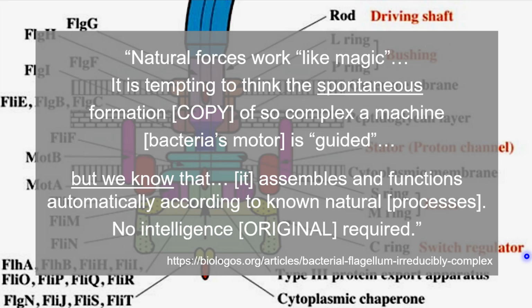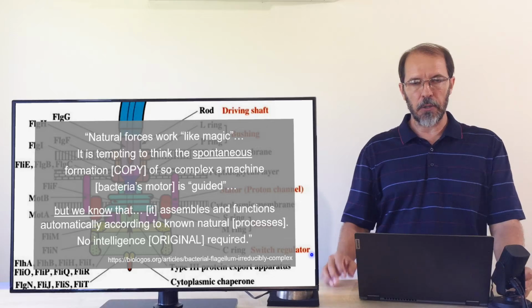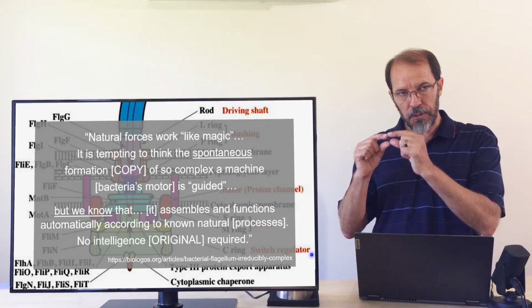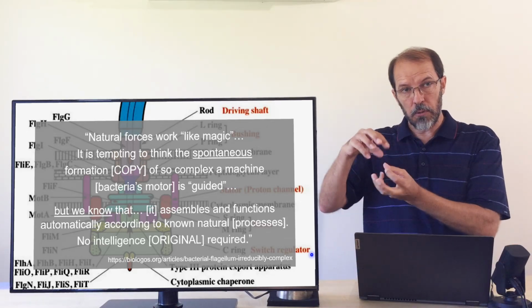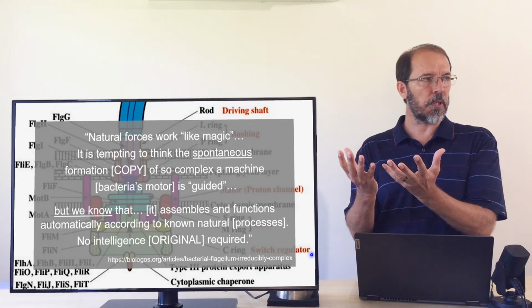No, says this evolutionist, natural forces work like magic. See the bamboozling starting there? It is tempting to think that the spontaneous formation of so complex a machine is guided. So what she's saying is, under this electron scanning microscope, we can see this formation of the electric motor, and so it all happens by itself.